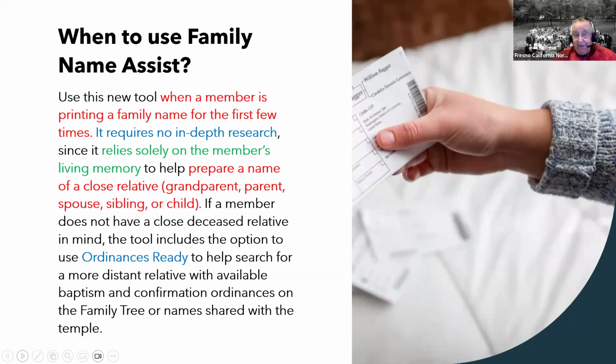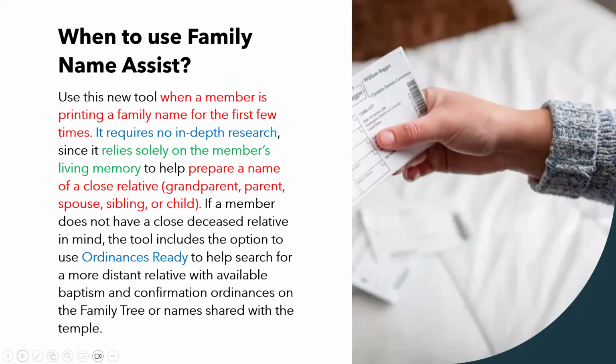If a member doesn't have a close relative, and that can sometimes happen, like a person being baptized from an active family where all the work's done for the close relatives, then the other option when you go into it is to go over to Ordinances Ready. Now that may or may not provide them with names that are related to them, but they'll be able to get names.